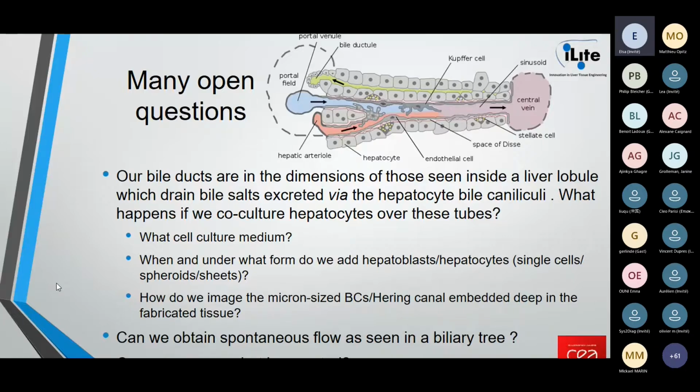We are really interested in this because it also involves the fact that we need to connect our structure to the outside. So we are still struggling with this. And of course, if there is anything secreted in our structure, can we recover it? And can we recover the structure? So many open questions.